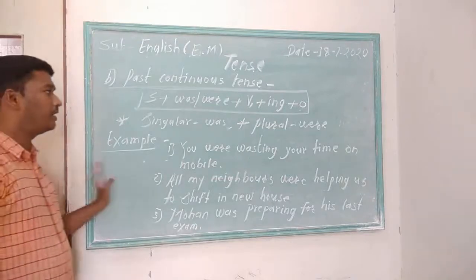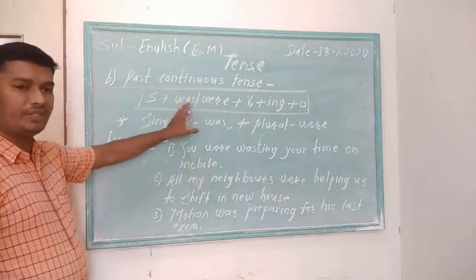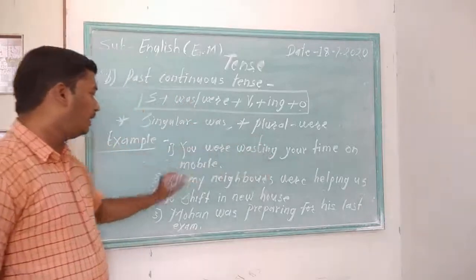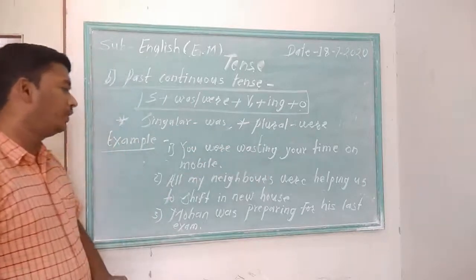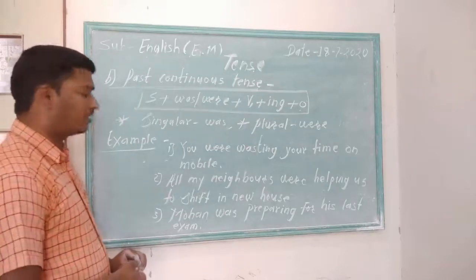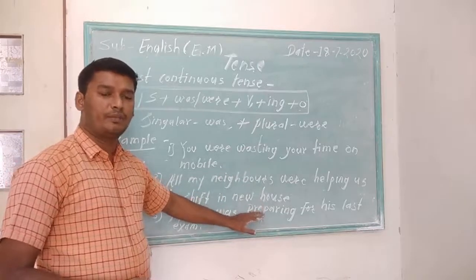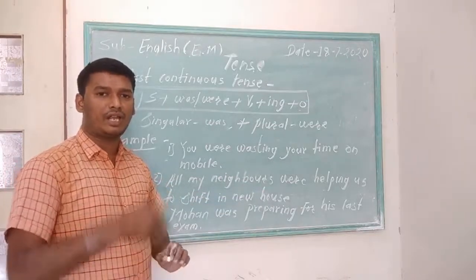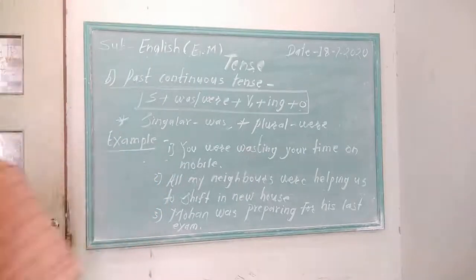These are the examples of past continuous tense according to the given structure. You were wasting your time on mobile. All my neighbors were helping us to shift in new house. Mohan was preparing for his last exam. Take these 3 examples, and leave 4 lines for your own examples. Then I start the next tense.